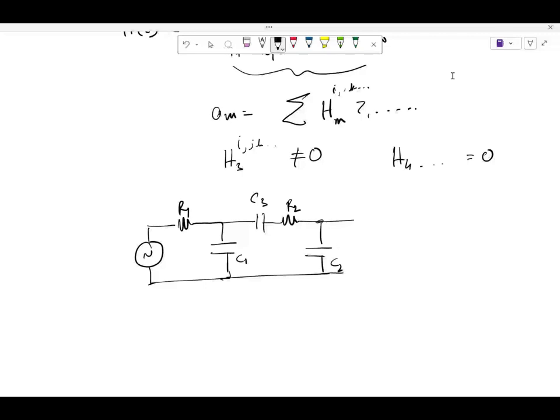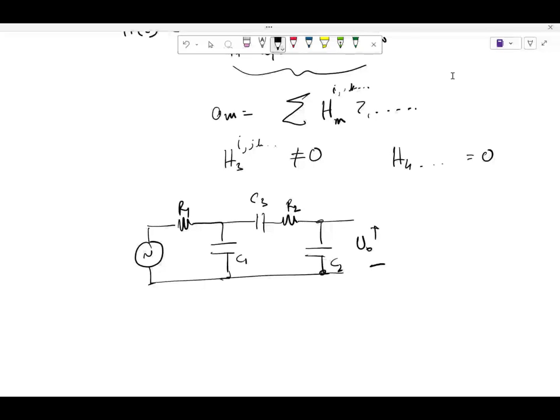Now I want to find out the number of zeros. So how many elements can I simultaneously infinite value in order to get a non-zero output? It's better to start off with doing one at a time. So if I infinite value C1, let's say now my output is here, will I get a 0 output or non-zero output?